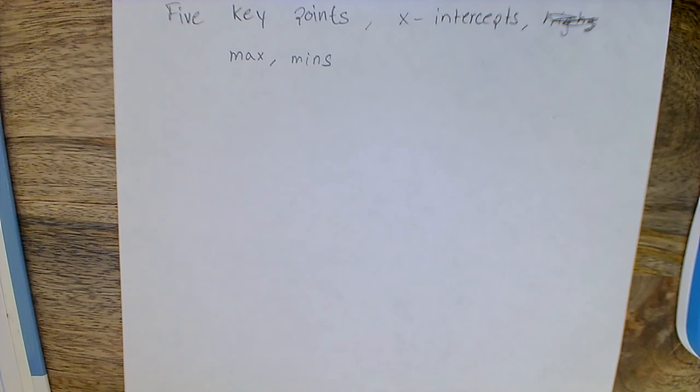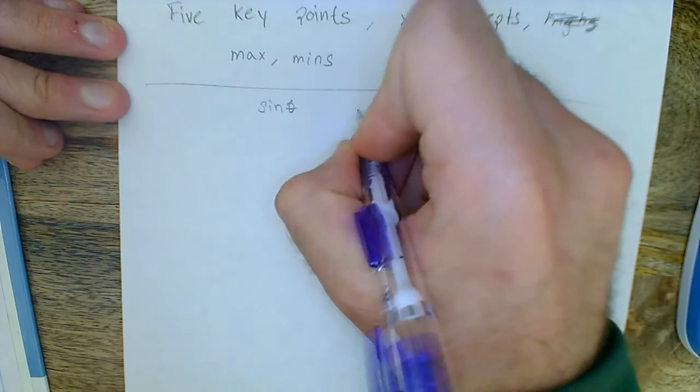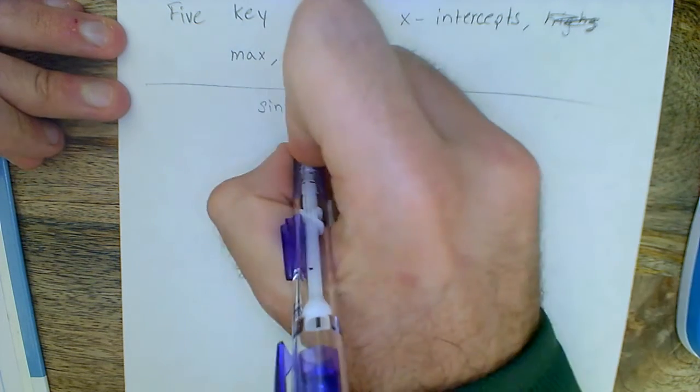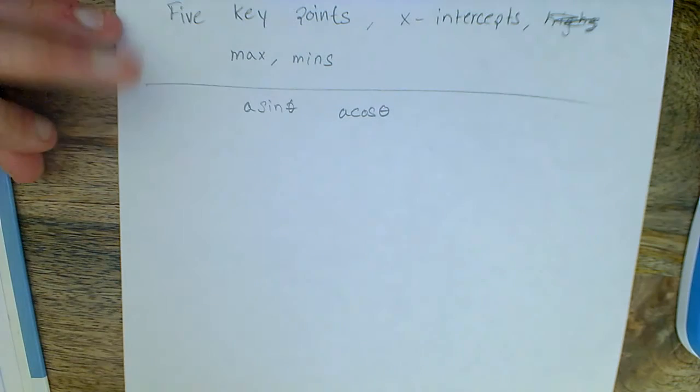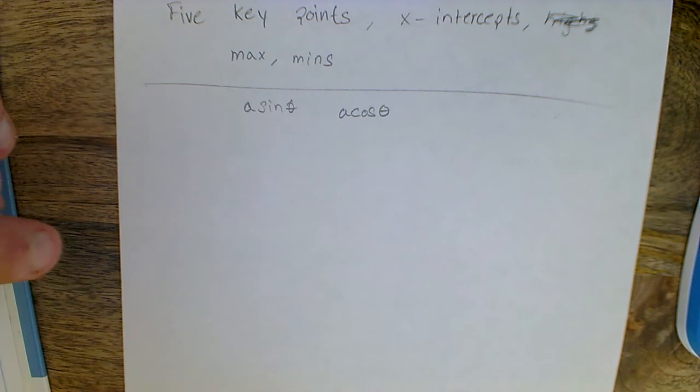Okay, so now we want to talk about the amplitude. We're going to change this up. We don't just want to graph sine of theta and cosine of theta. We want to be able to graph a sine theta and a cosine theta. So what does multiplying both of these by a do?